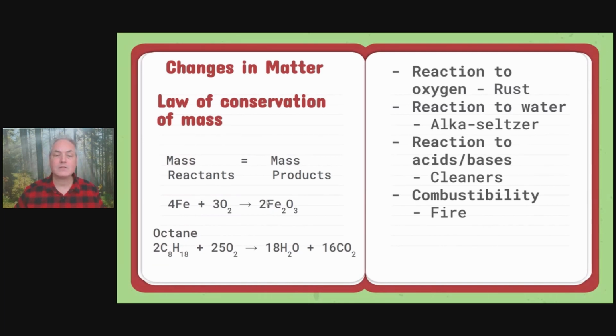And the new substance includes the iron from the beginning and also the oxygen from the beginning. If you notice here, we have a chemical reaction. We have iron, Fe, O for oxygen. And here we have a little symbol that means that this is reacting to create a new substance. And here we have iron oxide, Fe2O3.